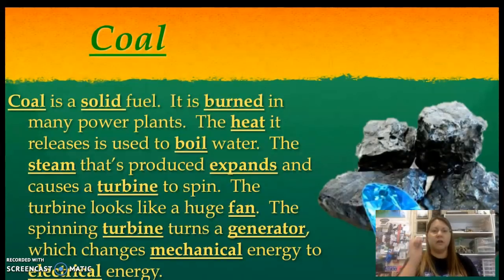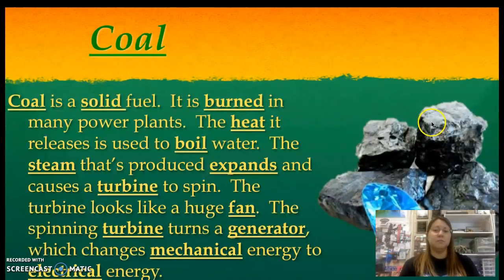Coal is the first fossil fuel that we're looking at. It is a solid, and coal is a black substance like you see right here, and you see a pretty picture of a diamond. Over time, the coal, as it's pressurized, can turn into diamonds. But you're not burning diamonds when you burn coal for fossil fuels.